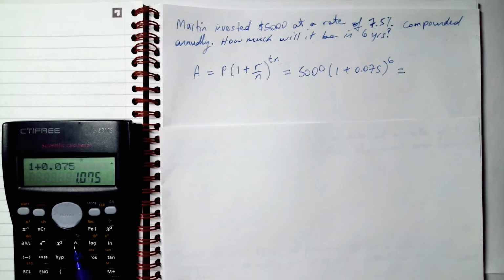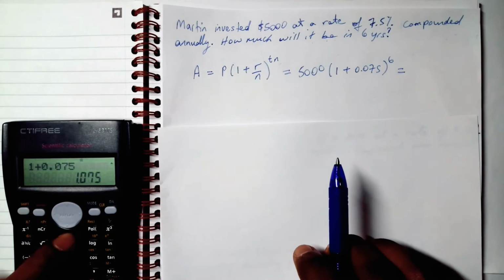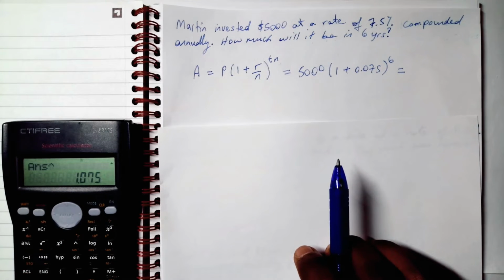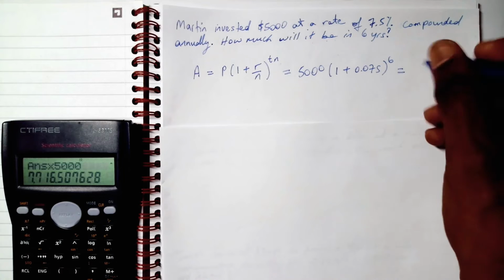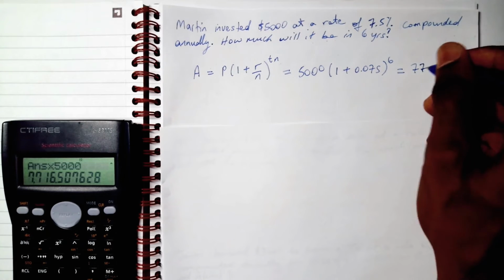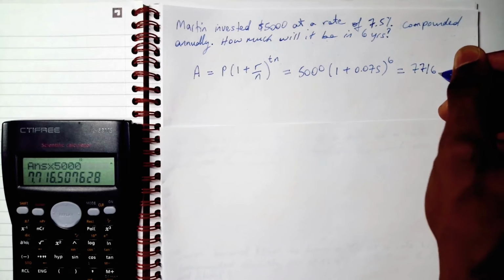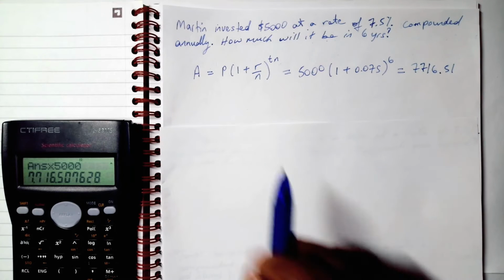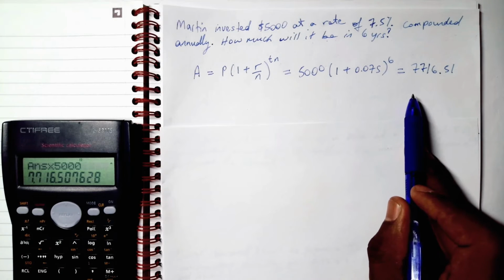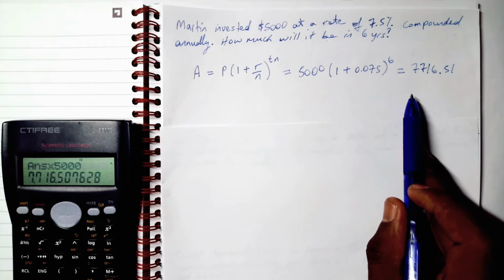This up arrow here means raised to. You can raise a number to anything with this button. We press it, raised to the power of 6. Then we multiply all of that by 5,000. There we go: 7716.51. We just round to 2 decimal places. And this is how we accumulate using compound interest.